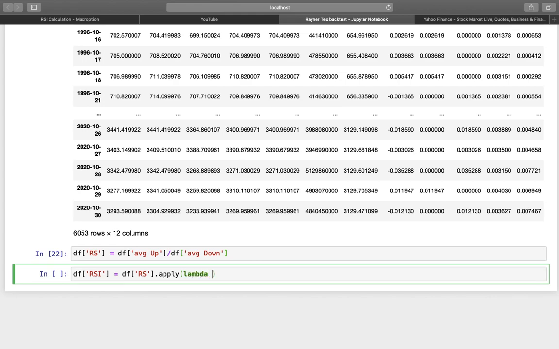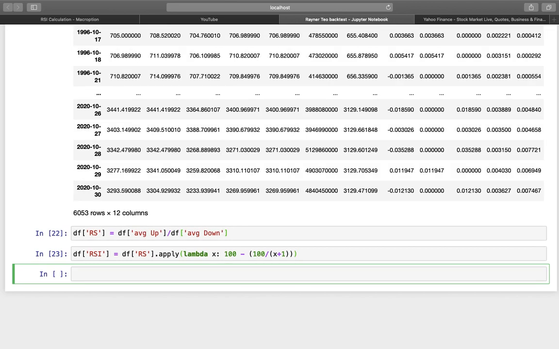And this lambda function is just the definition of the RSI. So 100 minus 100 divided by x plus 1, and x is the RS value. Okay, so let's execute that. And here we are. We have defined the RSI value. We got everything what we need.